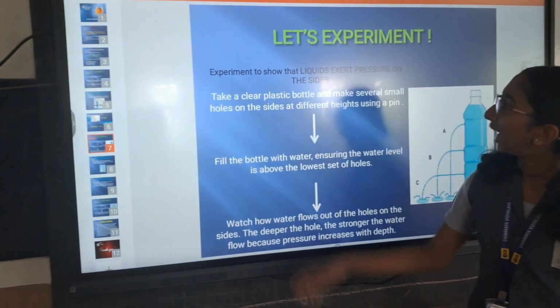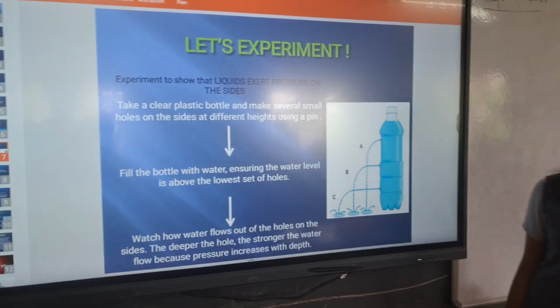This is an experiment to show that liquid exerts pressure on the sides.